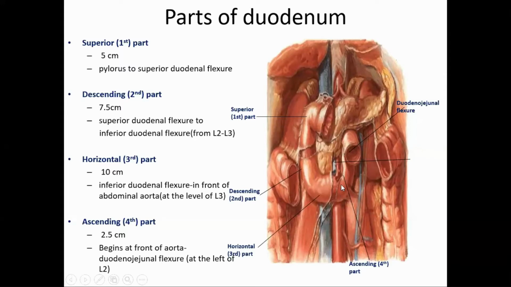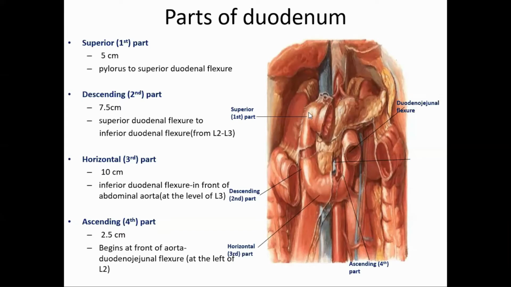Now the fourth part, or ascending part, extends from the front of the abdominal aorta to the duodenojejunal flexure. The first part extends from the pyloric orifice to the superior duodenal flexure, upwards, backwards and to the right.